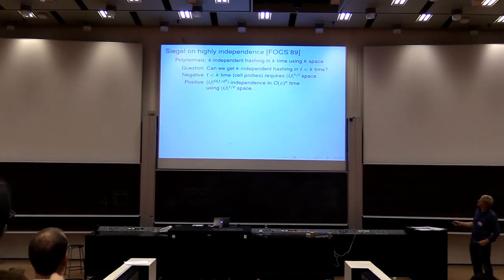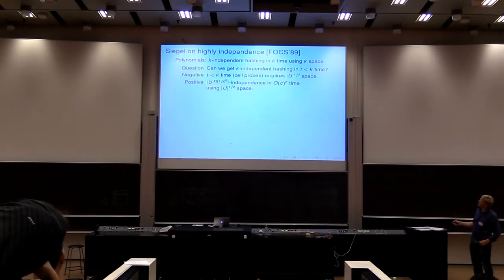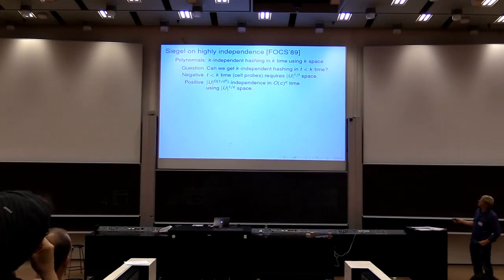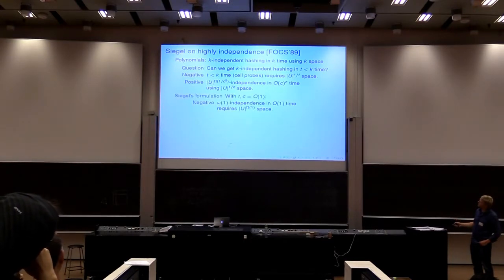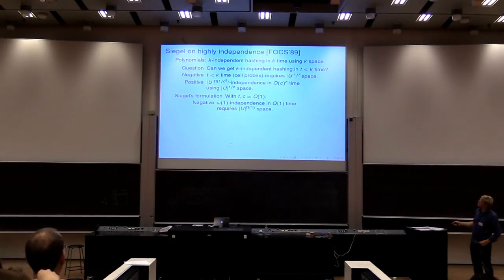constant, this is huge independence, the size of the universe in some polynomial universe. He uses C as a constant time, and he uses this much space. To formulate more or less what I said here, we think of both T and C as constant. He gets omega 1 independence, namely this much, in order 1 time using this much space.